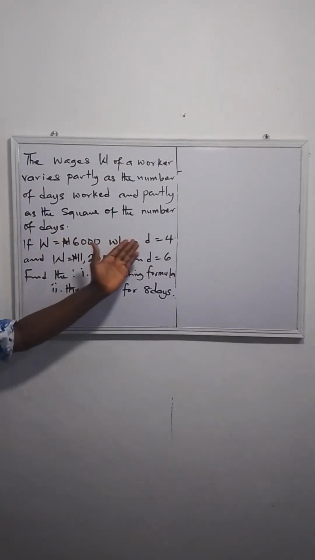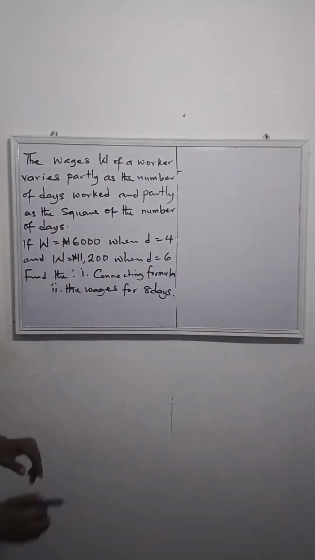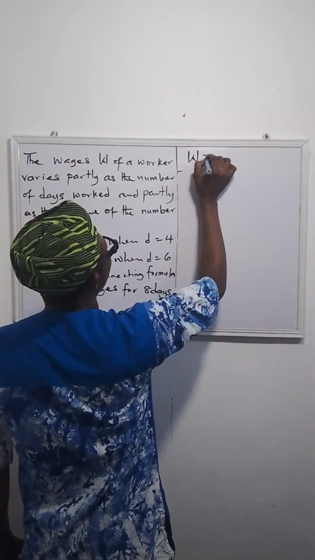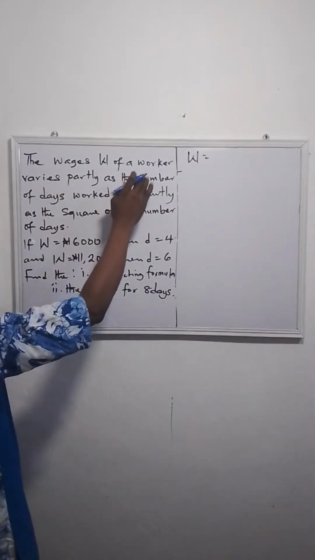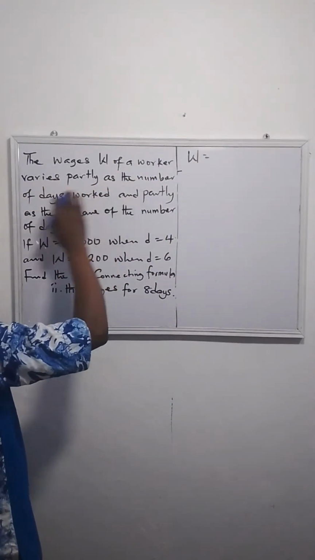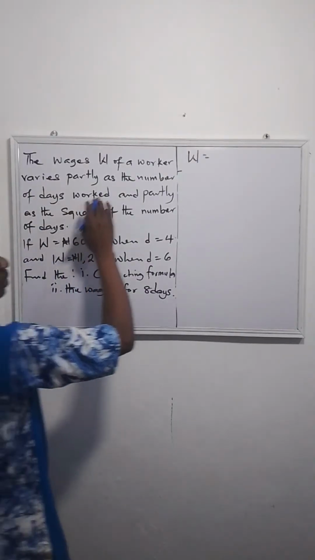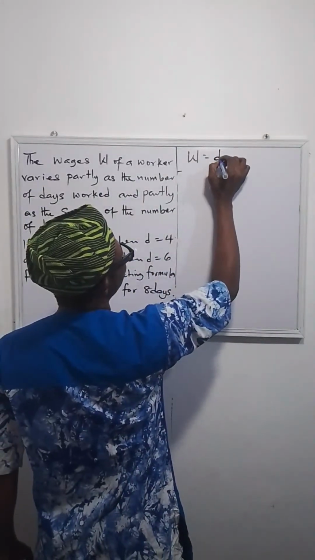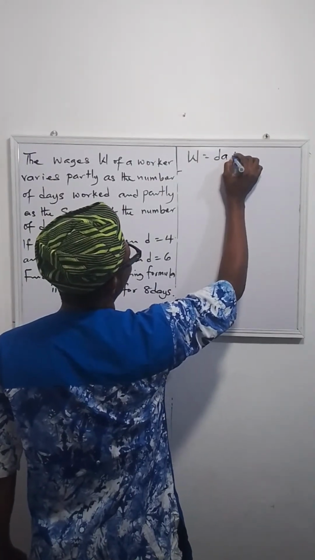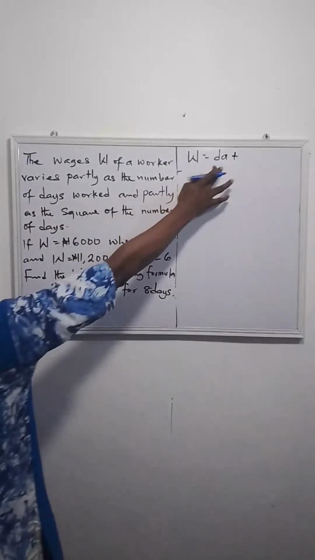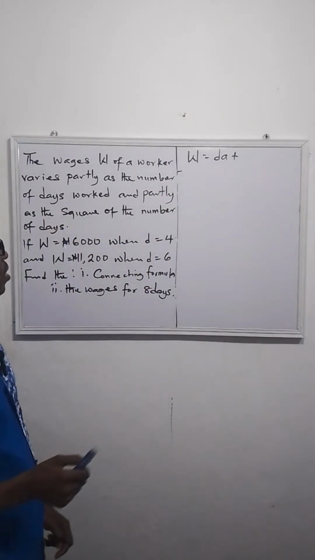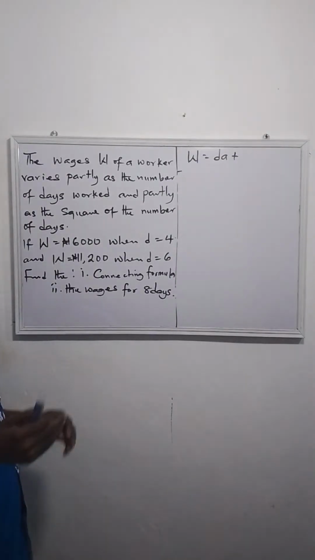So now I will write: W varies partly, that is wages, varies partly as the number of days. This as D, small letter D. So introduce a proportionality constant, let's say A, and that is plus partly as the square of the number of days.